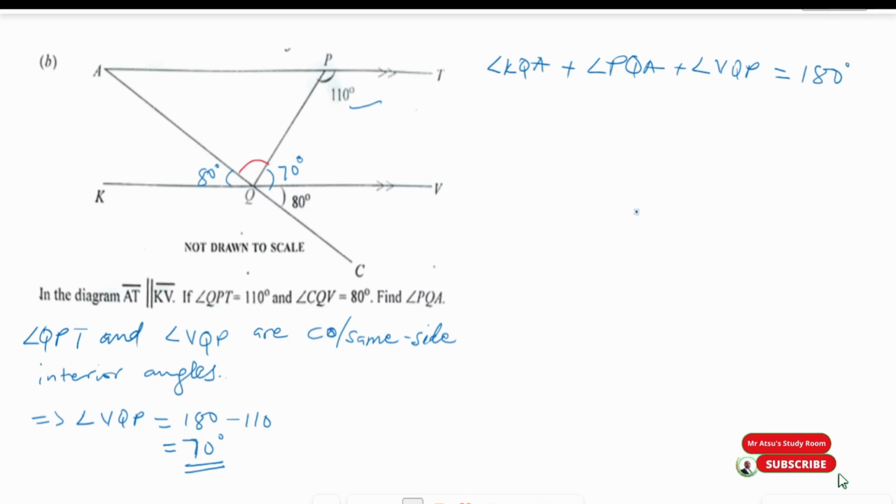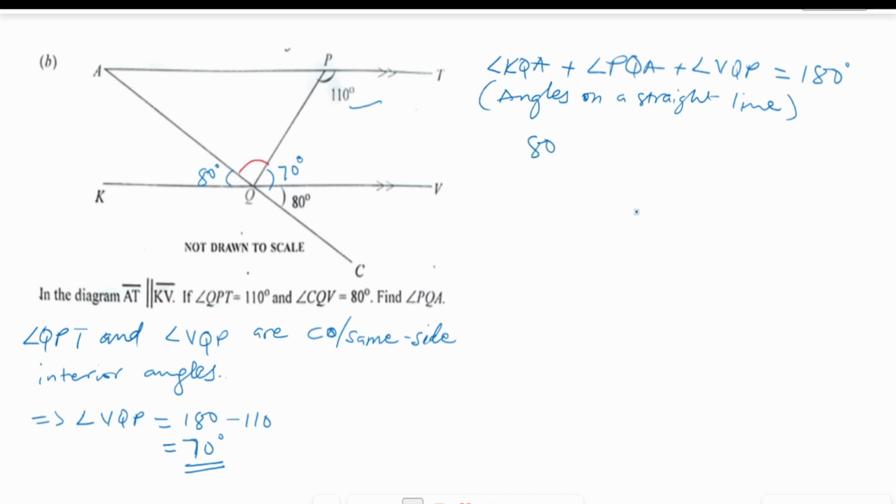That is angles on a straight line. They add up to 180 degrees. So now putting in the values, we are going to have KQA is 80 degrees plus PQA plus VQP is 70 degrees. That should be equal to 180 degrees.